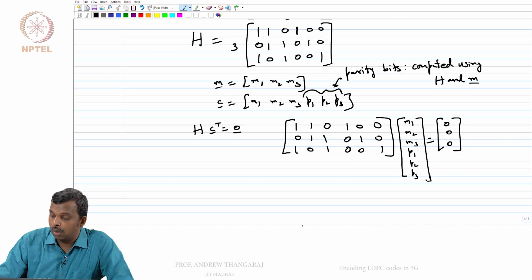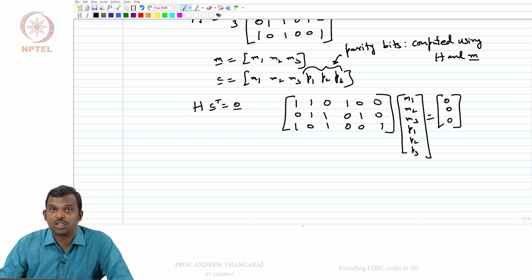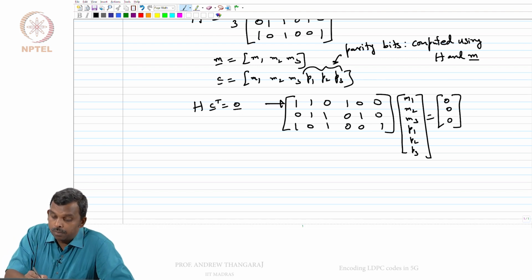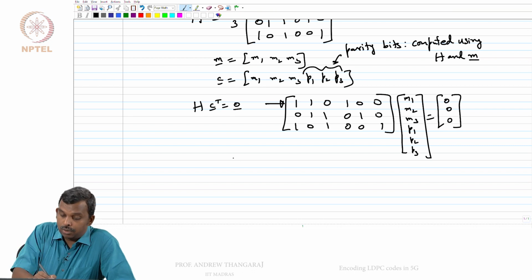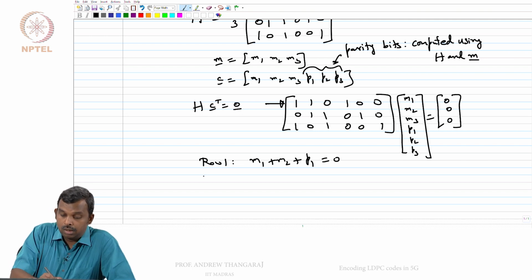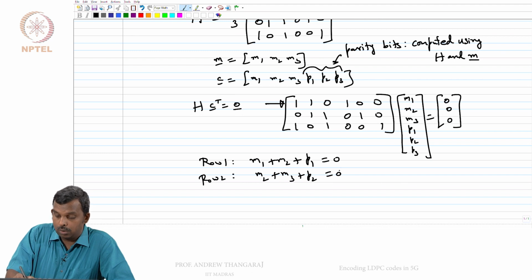Okay. So now if you look at what this means, this actually means three equations. What is the first equation? You multiply the first row with this vector. So the first row gives you M1 plus M2 plus P1 equals 0. The second row gives you M2 plus M3 plus P2 equals 0.